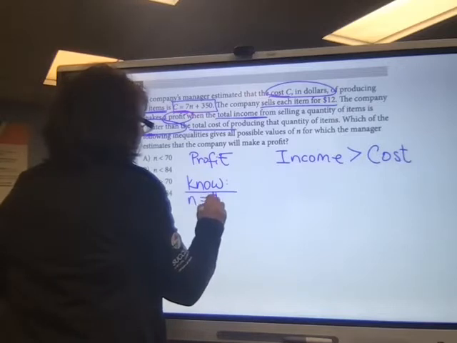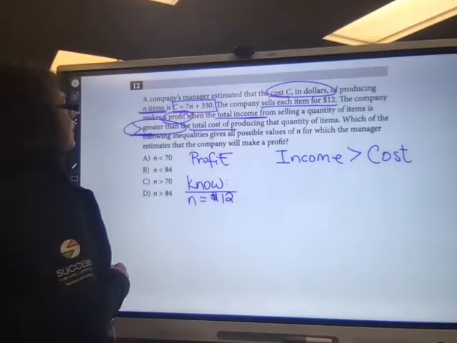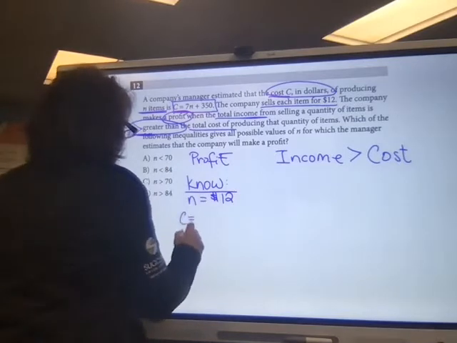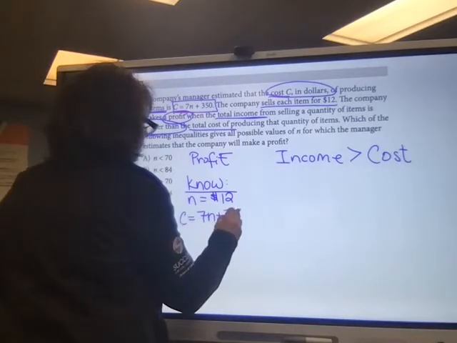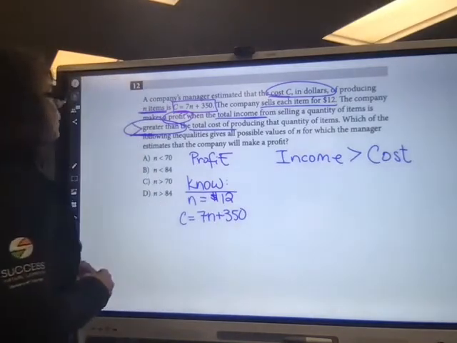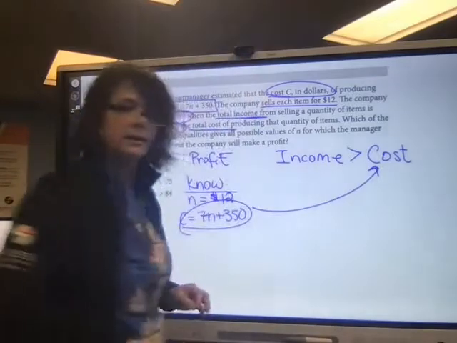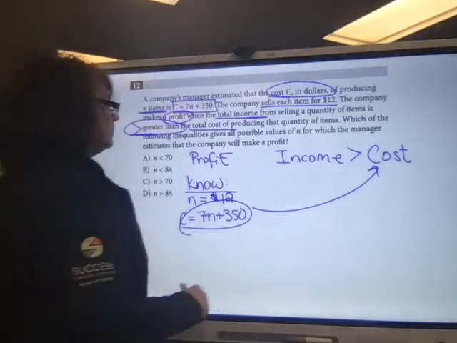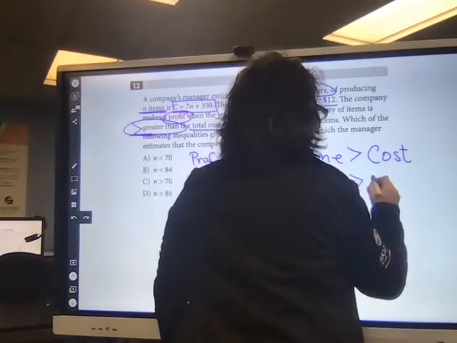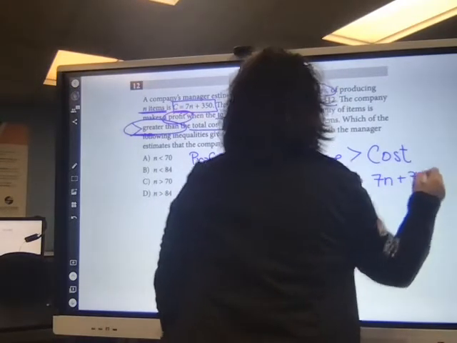Each item is $12. We also know that the cost is 7N plus 350. So we can take this part and plug that into that part of our inequality. On this side of the inequality, we're going to have 7N plus 350.